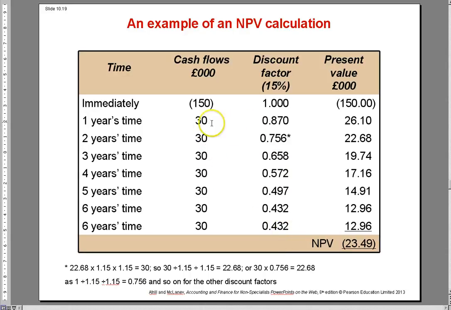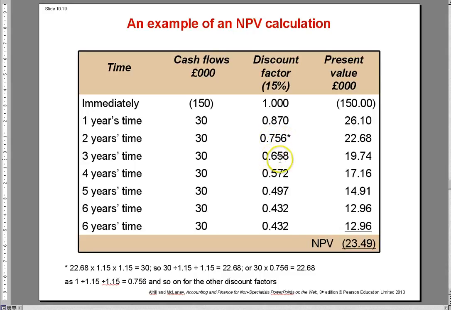And then we multiply that by our £30,000 cash flow times 87 pence, so that gives us the present value of this cash flow at the end of year 1. At the end of year 2, £1 is worth now, its present value is 75.6 pence.